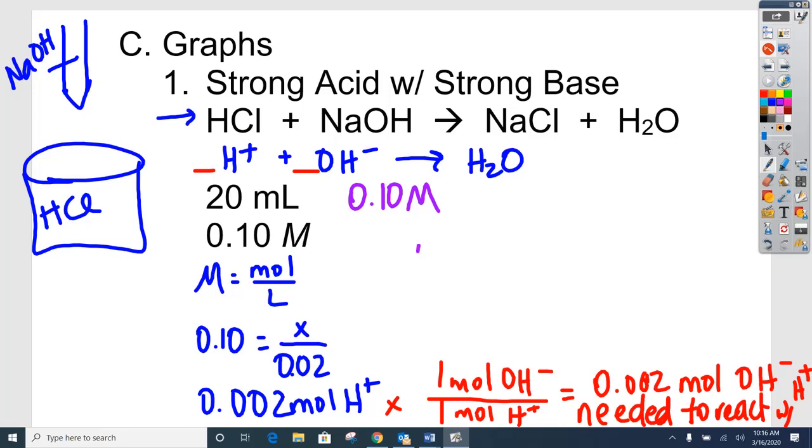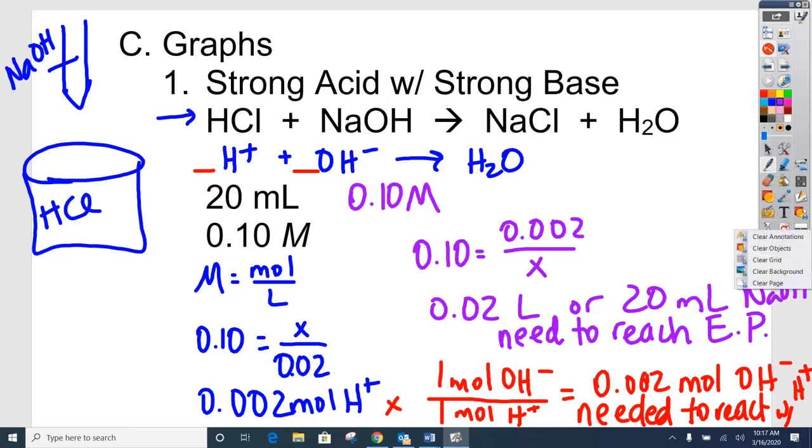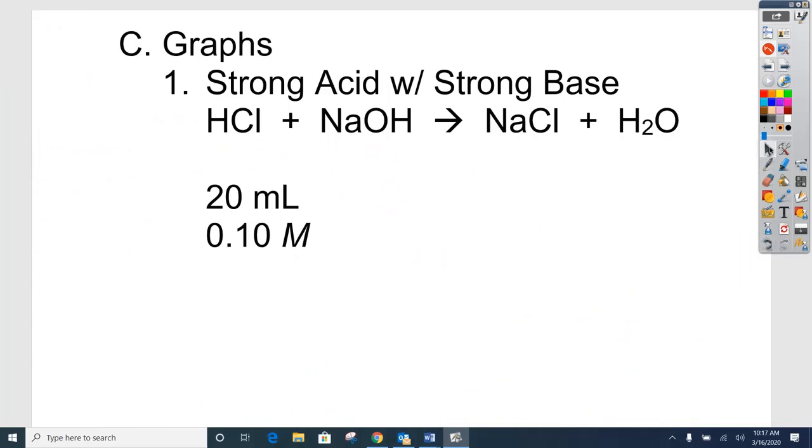So I apply molarity is equal to moles over liters, and you should end up with 0.02 liters or 20 milliliters of the sodium hydroxide solution needed to reach your equivalence point, which I'm going to abbreviate as EP, needed to react with all of the hydrogen ions present in that container. So you can mathematically determine where this equivalence point occurs.